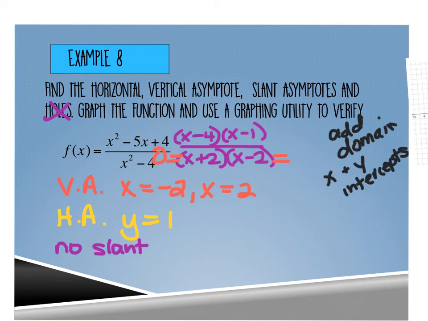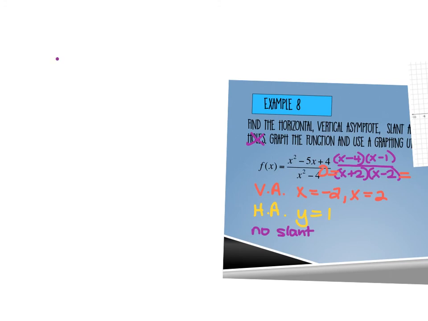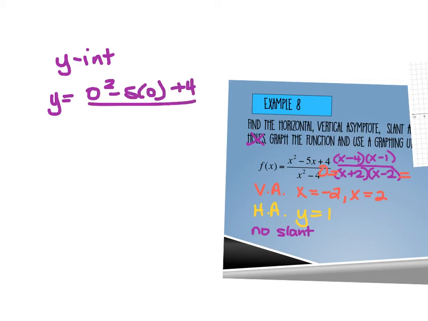Okay, so now let's do the intercepts. For the y-intercept, I'm going to plug 0 in for x. I get y equals 0 squared minus 5 times 0 plus 4 over 0 squared minus 4. This cancels, cancels, and I end up with 4 over -4, which is -1. So my y-intercept is (0, -1). Everybody still with me?